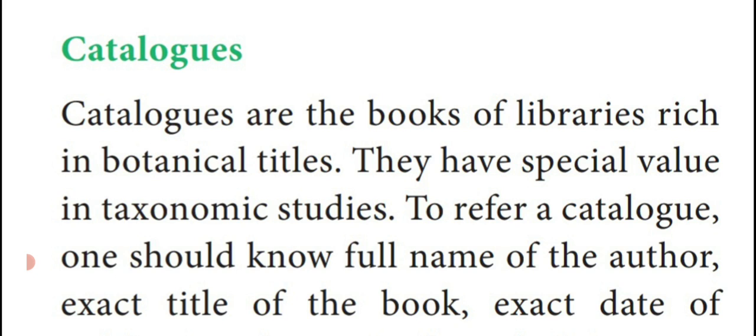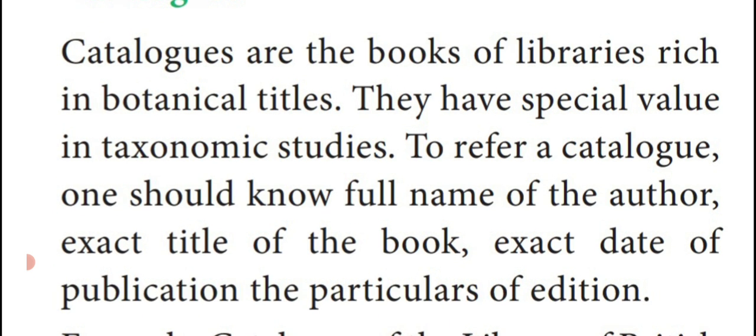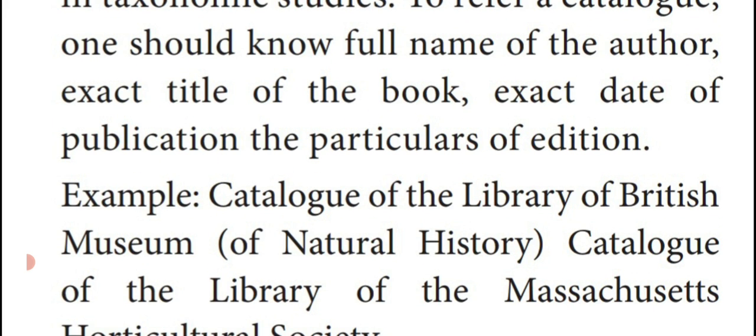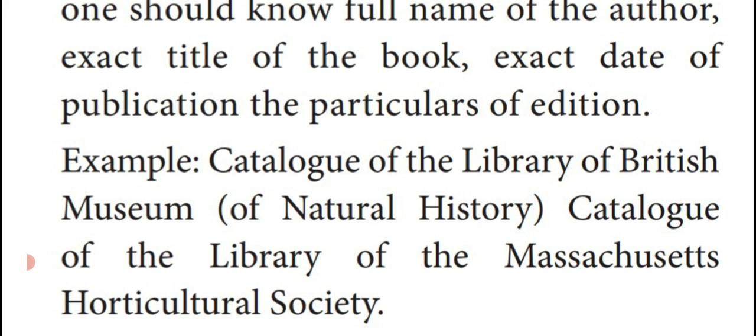These catalogs consist of the name of the author who prescribed the plant description, then the exact title of the book, then the exact date of publication of the particular edition of an author. That is said to be catalogue.